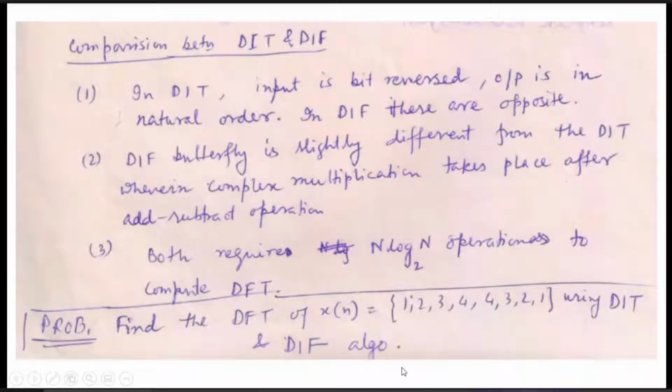Both the DIT and DIF algorithm should be used, and this is a task that is given to you, and you have to show me on Monday. You have to upload this answer after solving, by Monday. Is it clear?